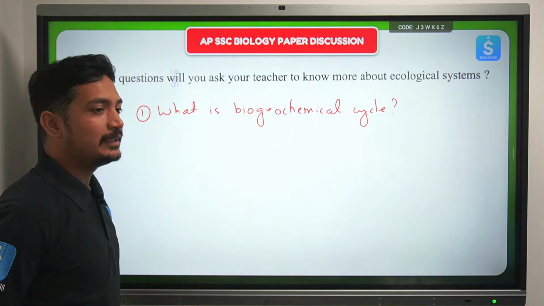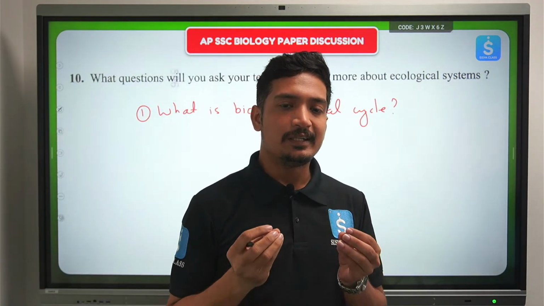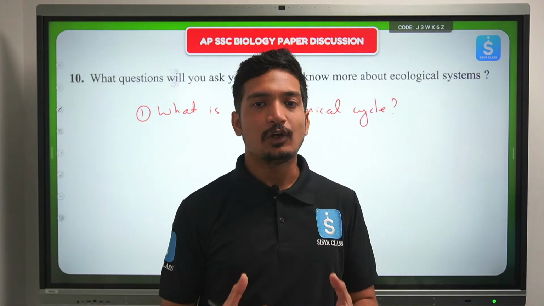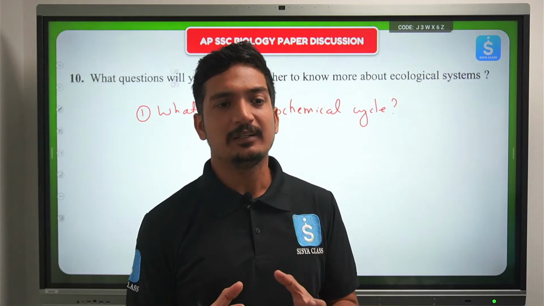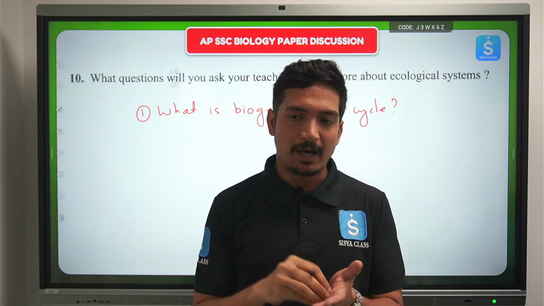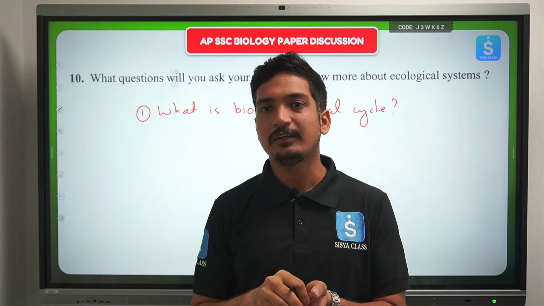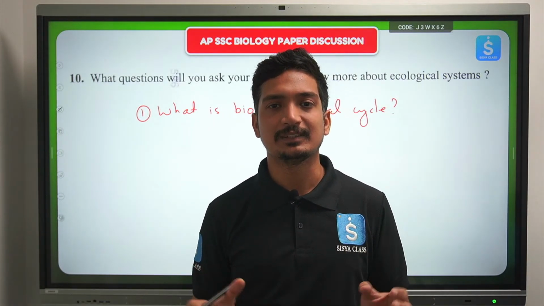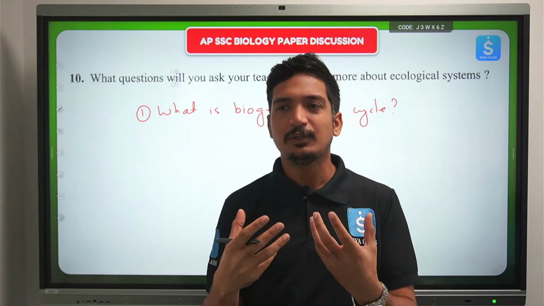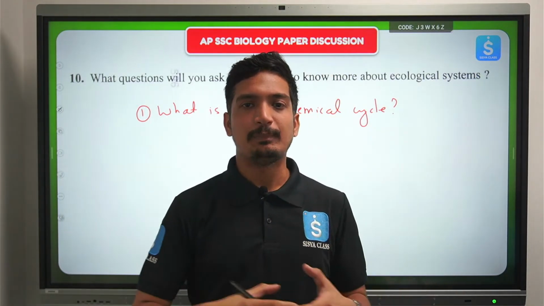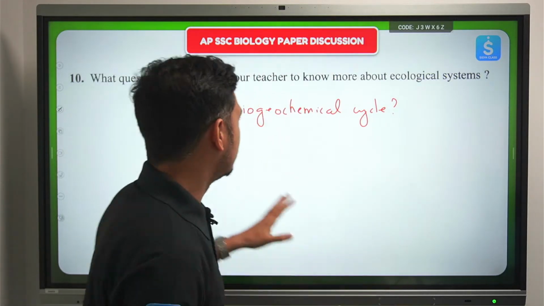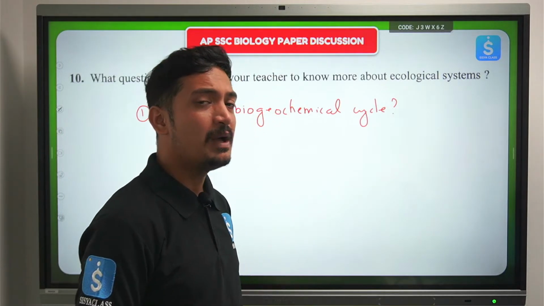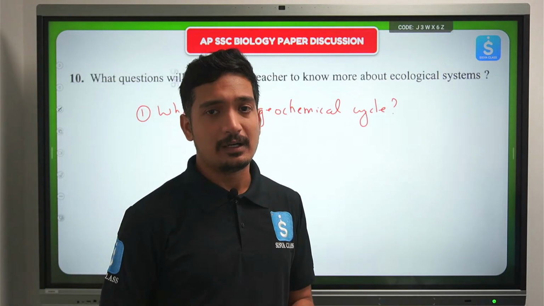This is basically a cycle in which natural organisms are responsible for recycling inorganic substances. The interaction between plants, animals, and inorganic factors like weather, temperature, wind, all of these things will come into the picture, and this will make the materials move from one place to another. So this is just a question that I came across that I can ask my teacher to understand the ecological system, but you can add any other question.